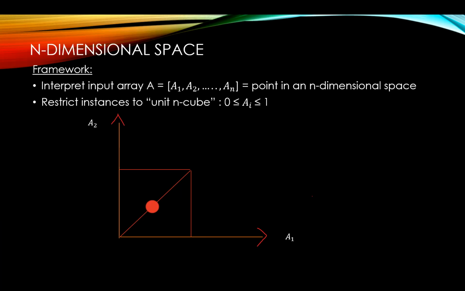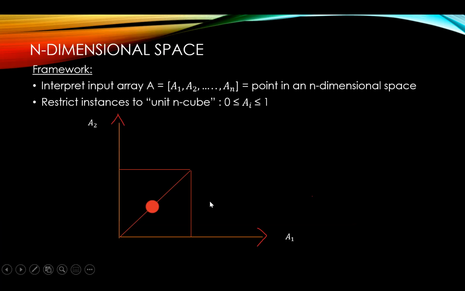The thing that we are going to see is that whenever A1 is on this diagonal line, these are all the instances where A1 is equal to A2. So these instances will give us a no instance, whereas the remaining, this triangle and this triangle, will give us yes instances.